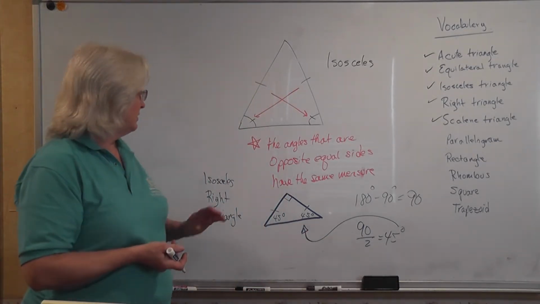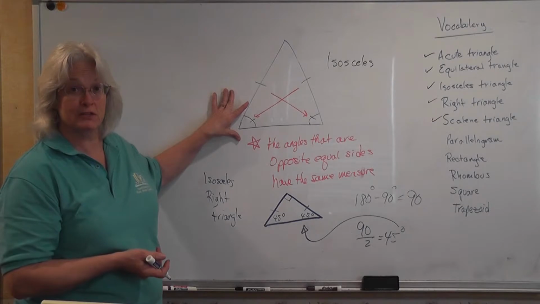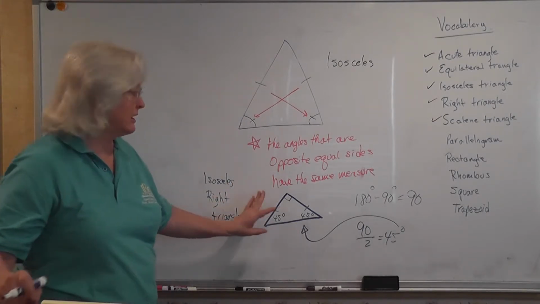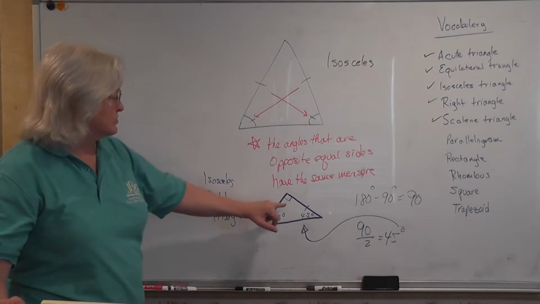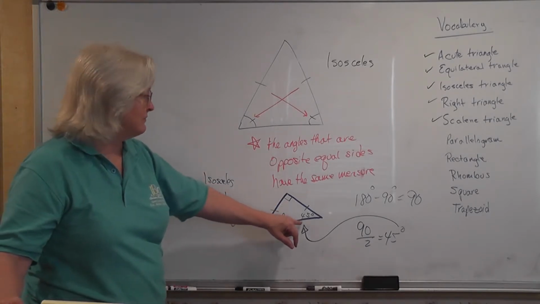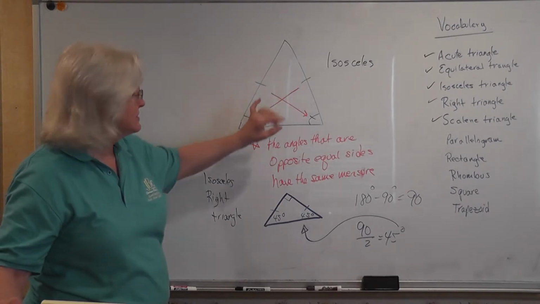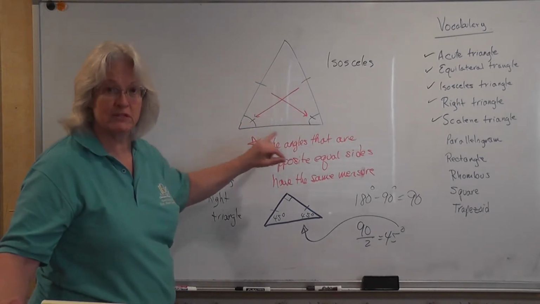So it's important that you understand you can have an isosceles right triangle where the measure of the angles are 90, 45, and 45. You don't know anything about the measure of these angles except that two of the angles are the same.